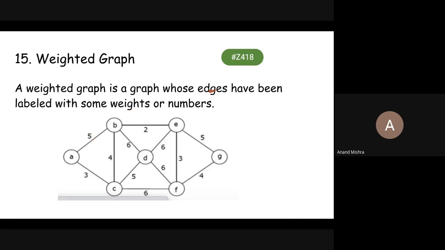A weighted graph is a graph whose edges have been labeled with some weights or numbers, right? So A and B is labeled with 5. This is called a weighted graph.